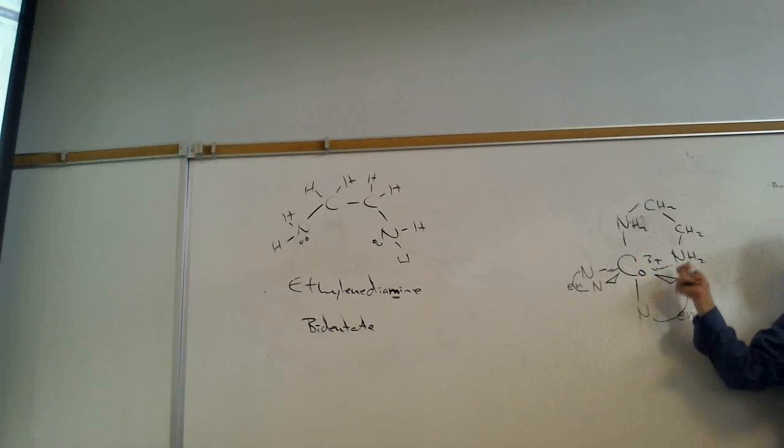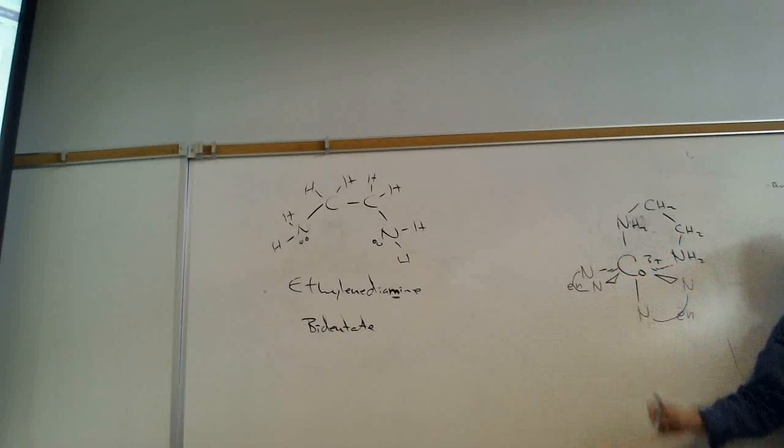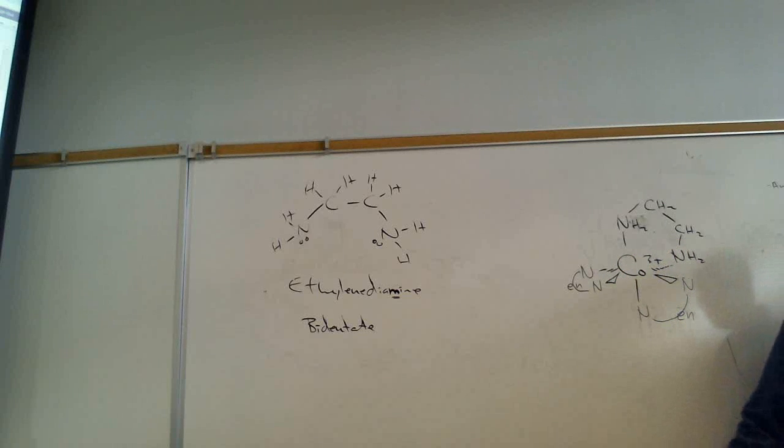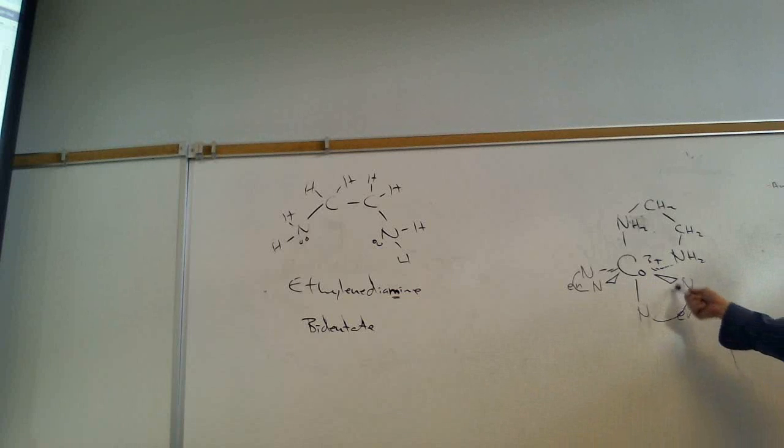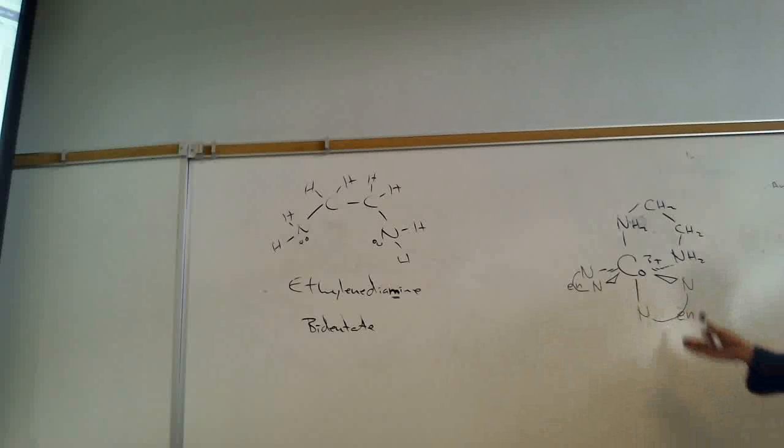It's coordinated to 3 molecules, but its coordination number is 6. Do you see the difference between coordination and coordination number? This is only 3 molecules, but a lot of people say the coordination number is 3 because there are 3 ethylene diamines. How would we name this?